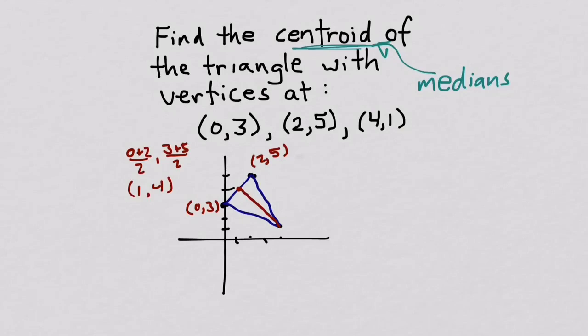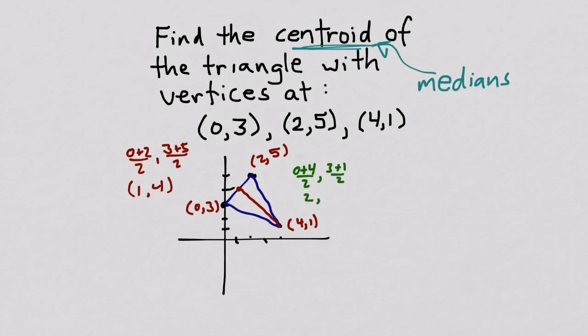In a similar way, taking our third vertex here with coordinates of 4, 1, we can find the median of, let's say, this side by taking 0 plus 4 divided by 2 and 3 plus 1 divided by 2.